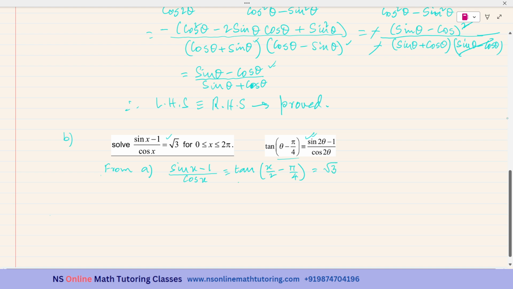So this is the equation that we will be solving. And now the domain is given. So we have to modify the domain. It is between 0 and 2 pi.